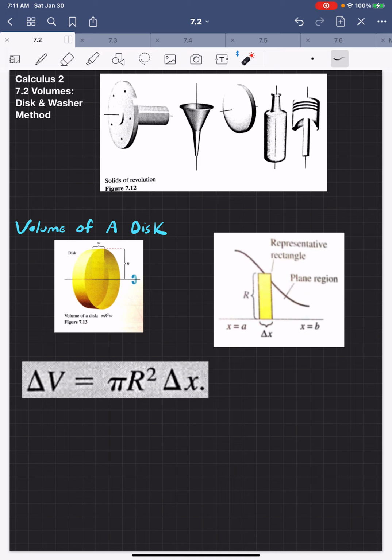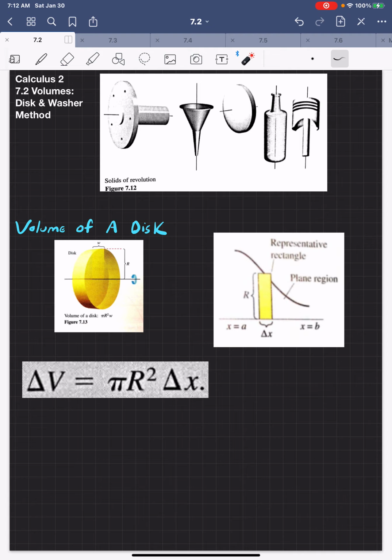Now, what I need you to imagine for a second, and on the next page I'll have a better picture of this, is that this rectangle is going to rotate about this line of y equals x. So you can imagine that it's rotating all the way around till it gets right back to where it started.